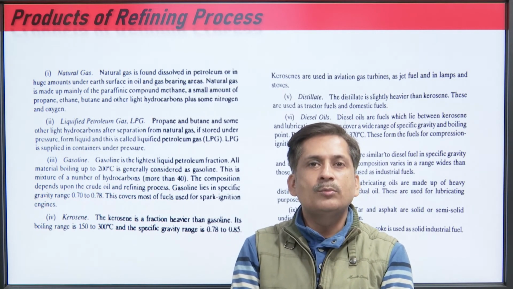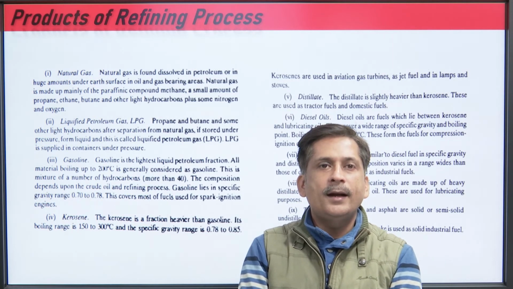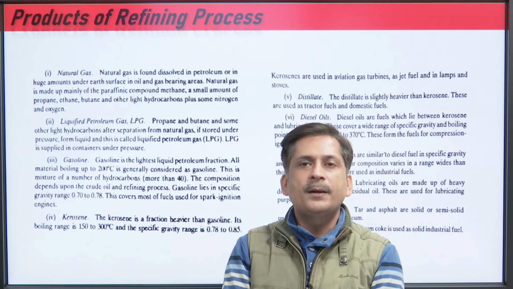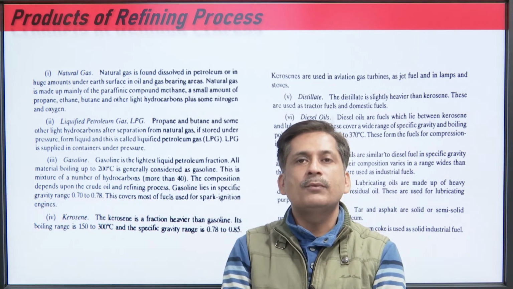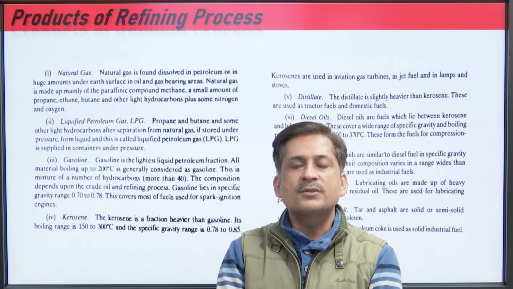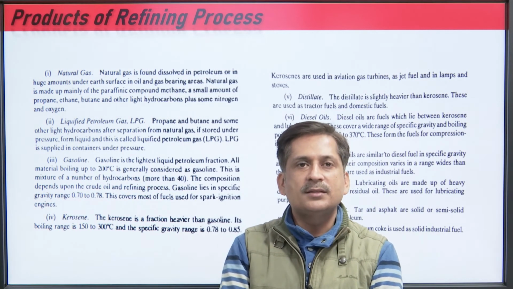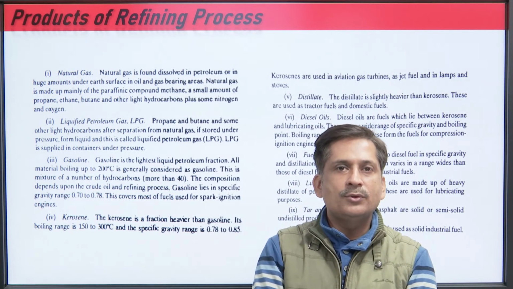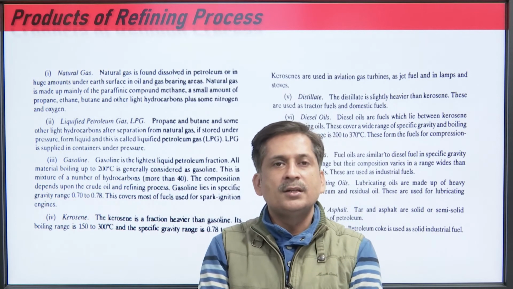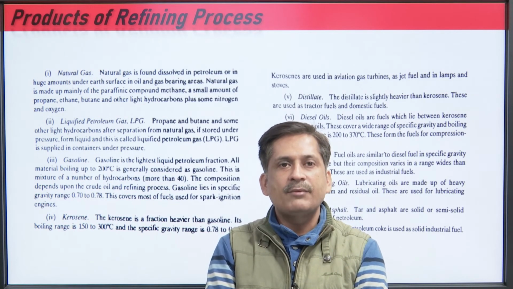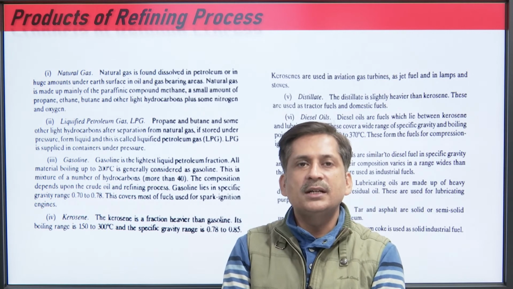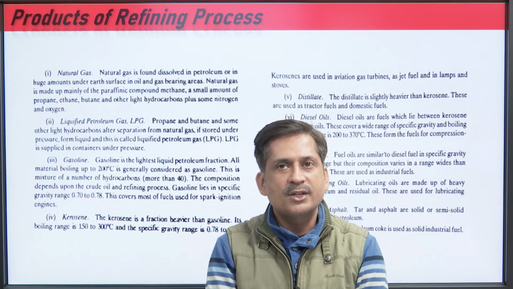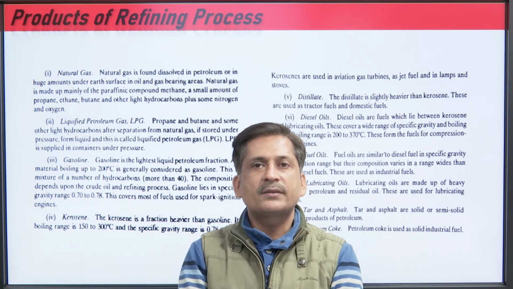The specific gravity varies from 0.7 to 0.78 depending upon the type of the refining process you adopted, and this covers most of the fuel used for engines. Now the kerosene, having a boiling temperature range of 150 to 300 degrees Celsius, is also used in aviation gas turbines, jet fuel, and lamps, stoves, etc.